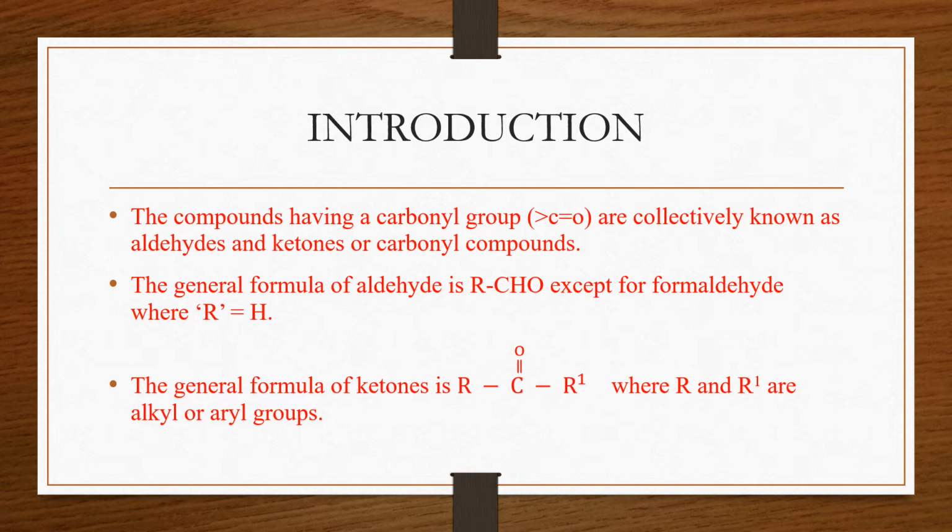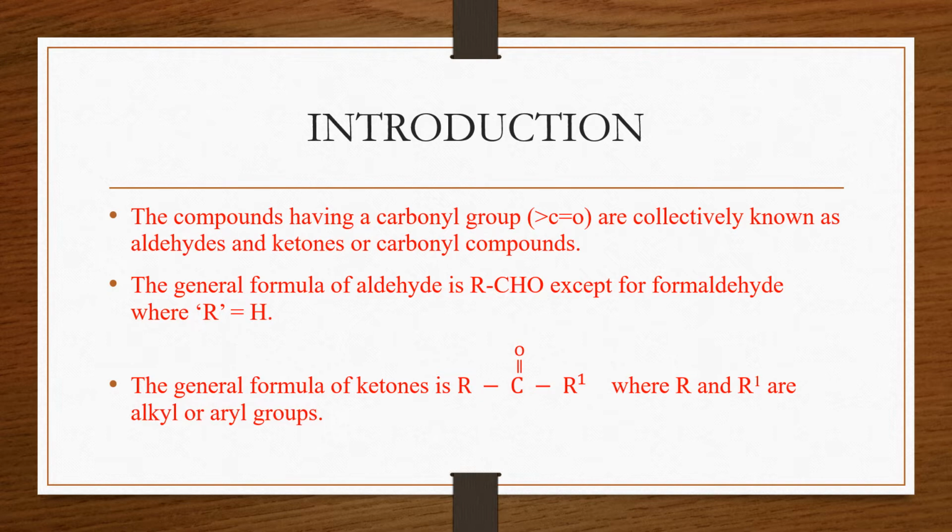And the general formula of ketones is R C double bond O R dash, where R and R dash are alkyl or aryl groups. Look at the difference between the general formula of an aldehyde and a ketone.